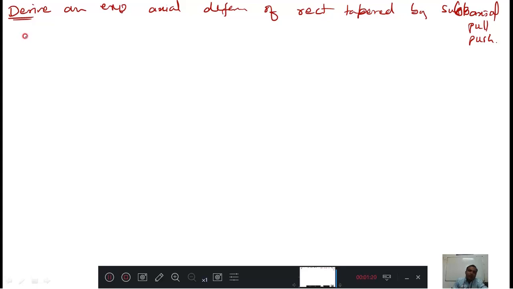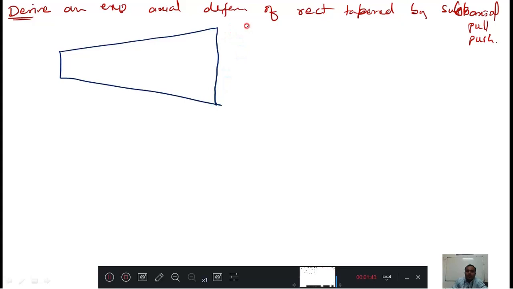Let L be the length and E be the Young's modulus of the rectangular tapered bar as shown in the figure. Now see here, in a side view it looks like a circular tapered bar only, this way, but if I see perpendicular to this view, then it looks like this. Here it is T thickness, and here also it looks like a rectangle. This is again T.